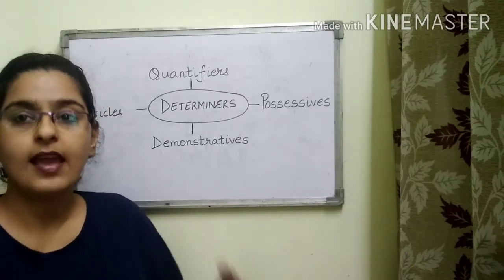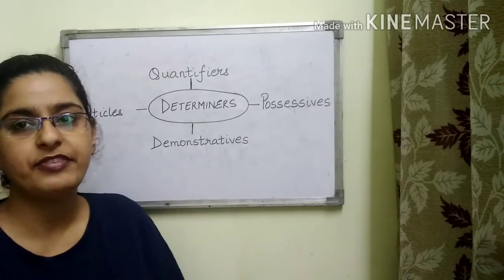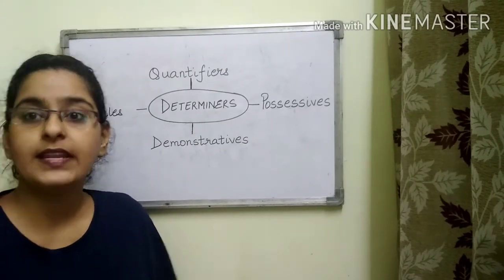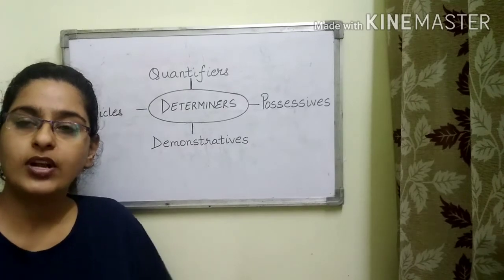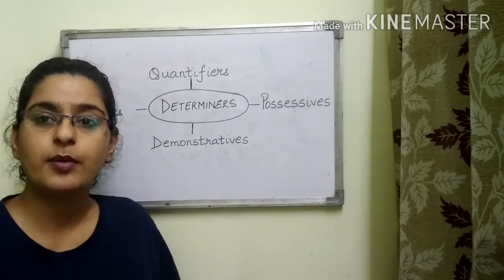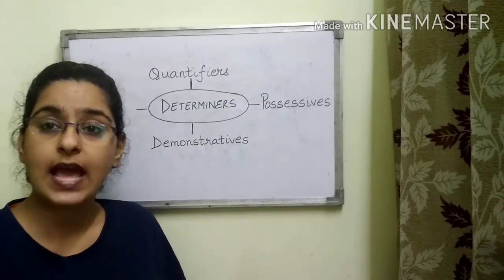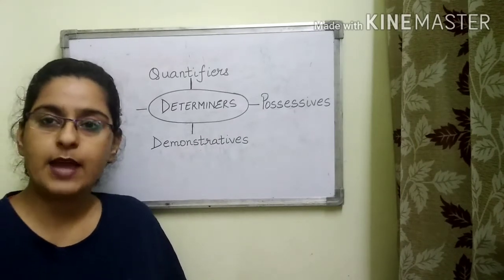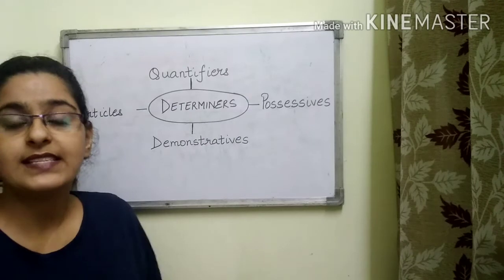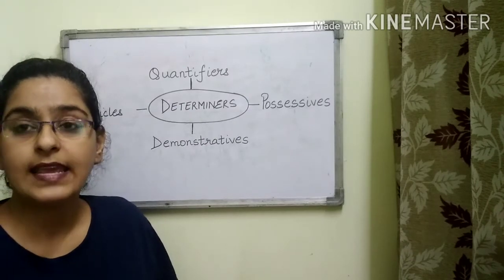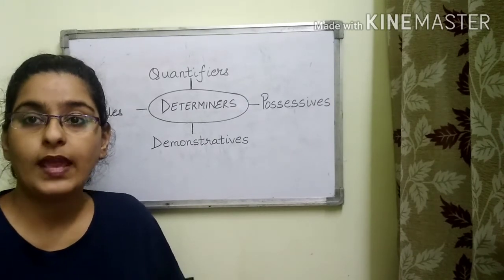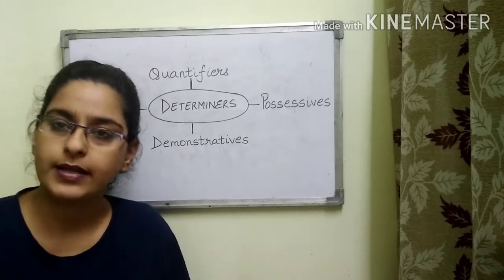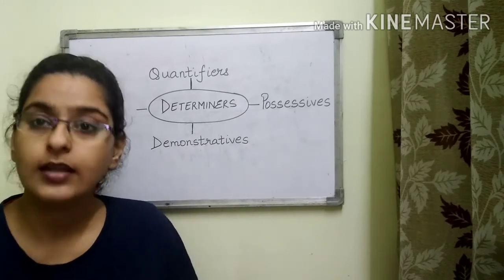A and an come under indefinite articles, and the comes under definite articles. Indefinite articles do not give any specific particularity about a noun, and they are placed before a noun. Whereas the definite article the specifically talks about that particular noun.